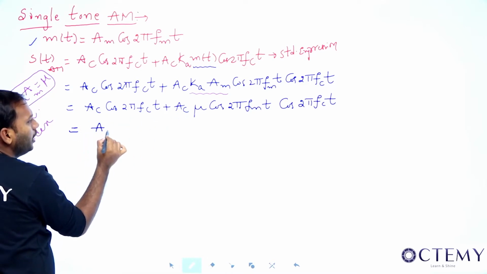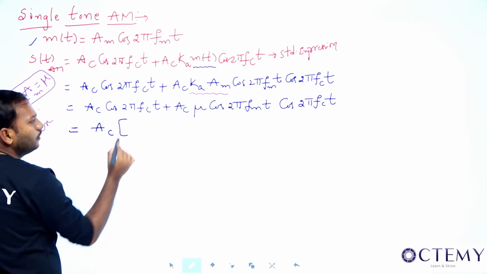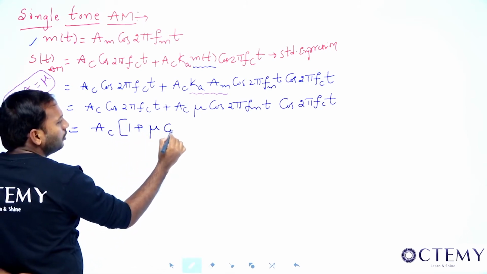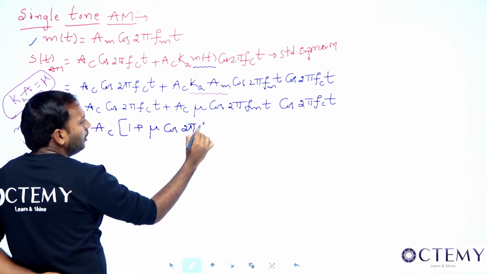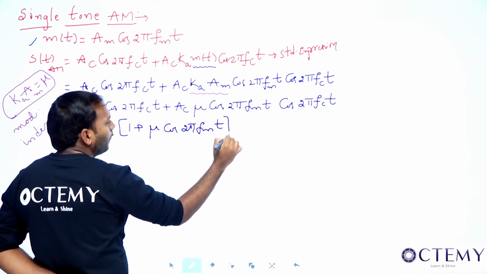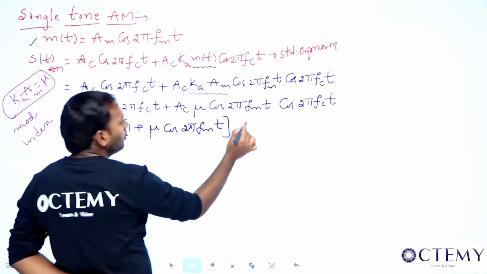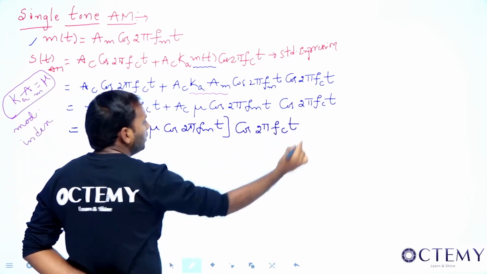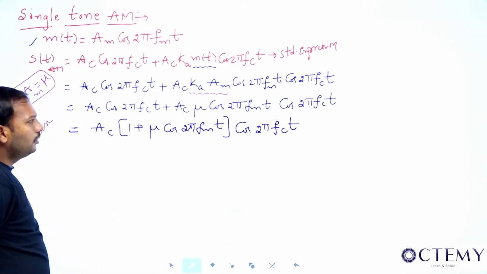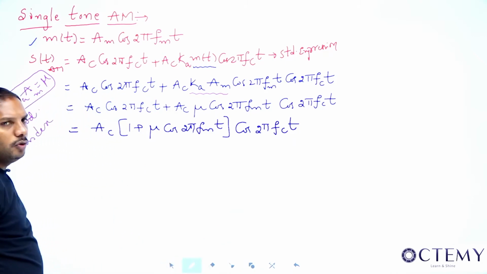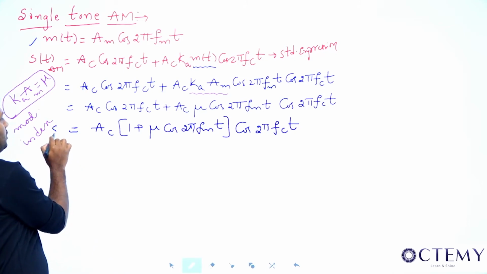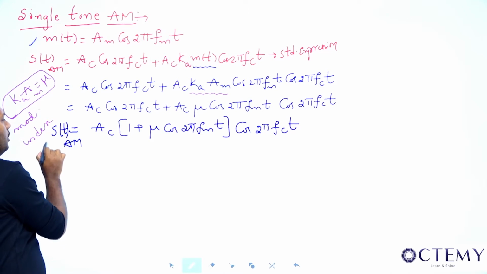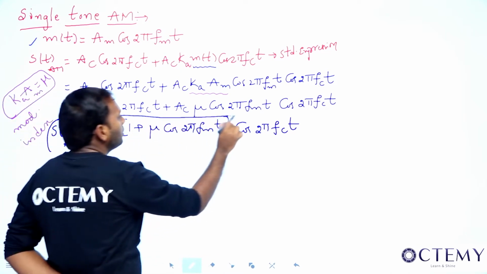So if I take Ac common, it is Ac into 1 plus mu cos 2 pi fm t, whole into cos 2 pi fc t. This is the standard expression of AM in the single tone case.